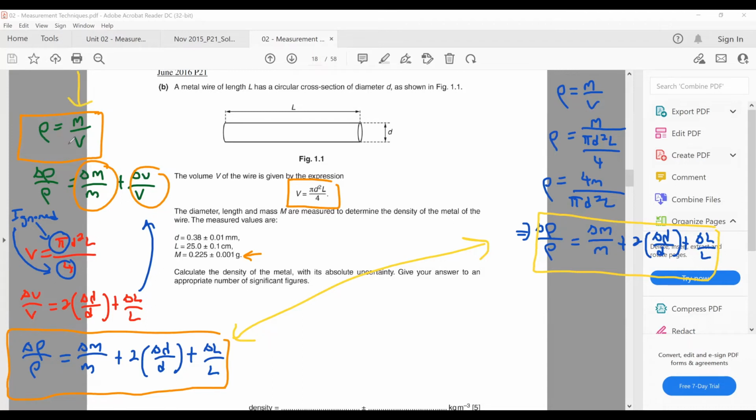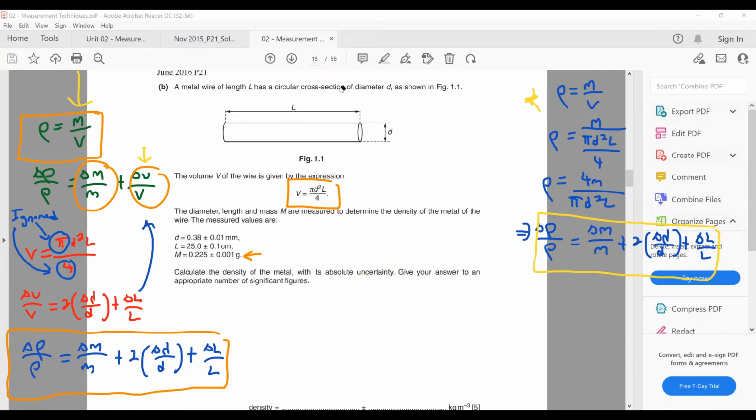They tried to do this, and then they suddenly found out, oh, the fractional uncertainty of v is something that you need to find first. Then they go and find the fractional uncertainty of v, then add it back up to get the final answer. So this one seems to be a bit messy. But if you had done it this way instead, it would have made your life a whole lot easier. It's more straightforward this way.